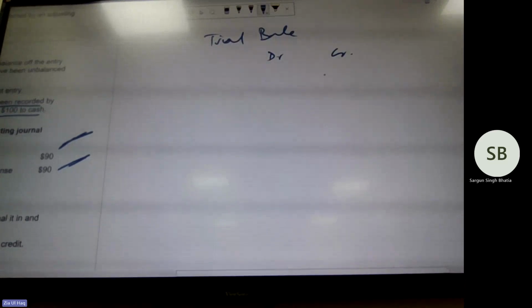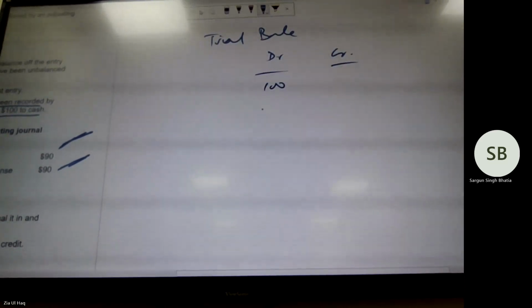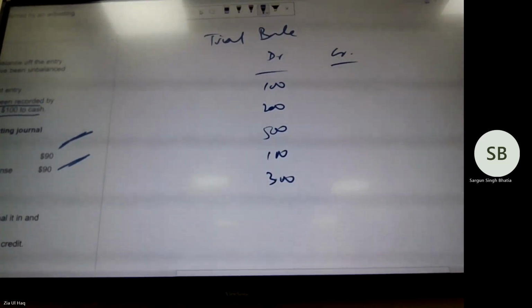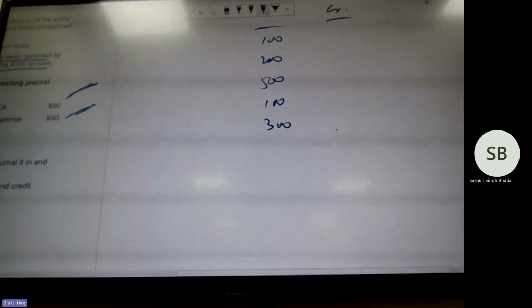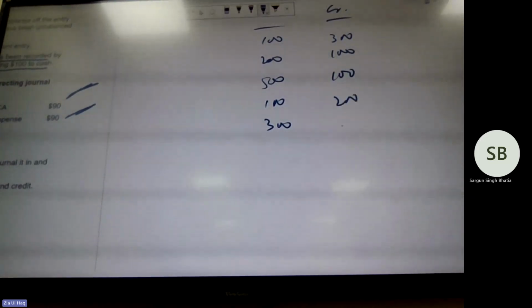It's like in a trial balance, if there are debit figures and there are credit figures. On debit, there are some figures, say 100, 200, 500, 100, 300. On credit, there are some figures, say 300, 100, 100, 200, 100.